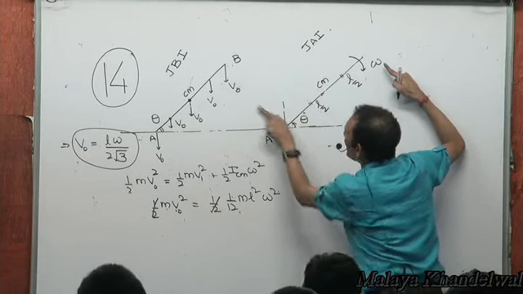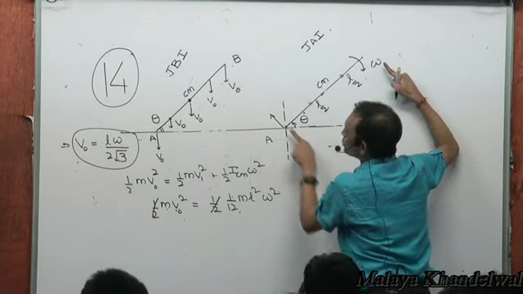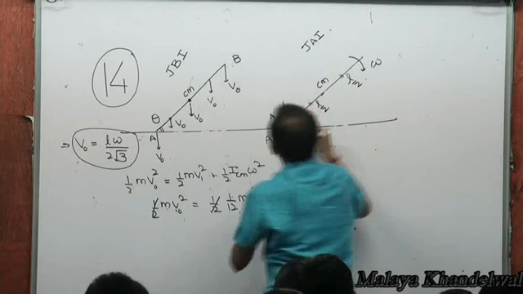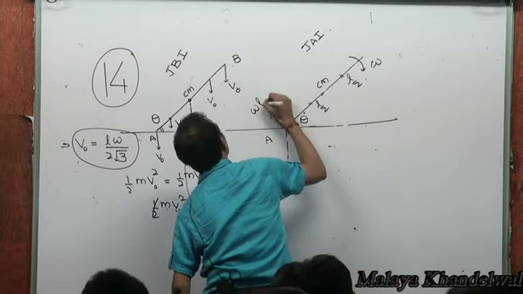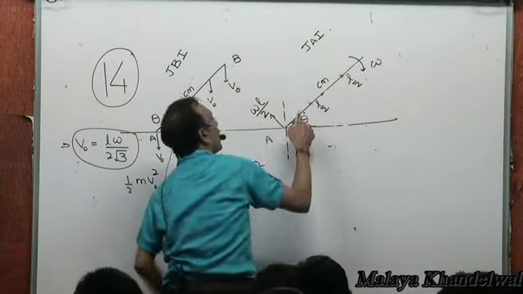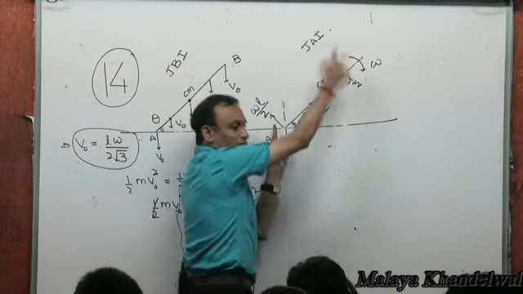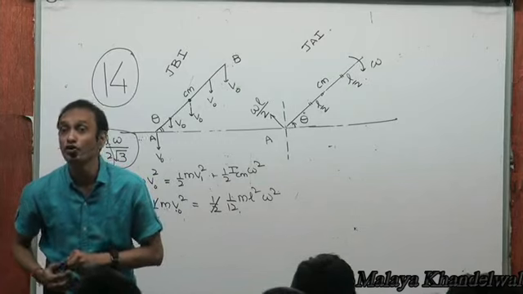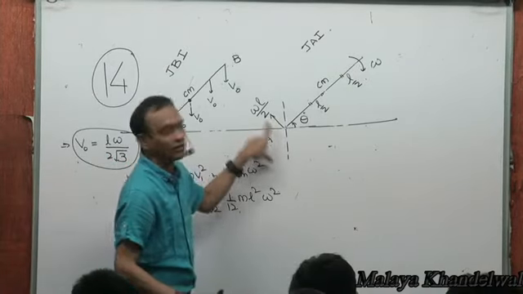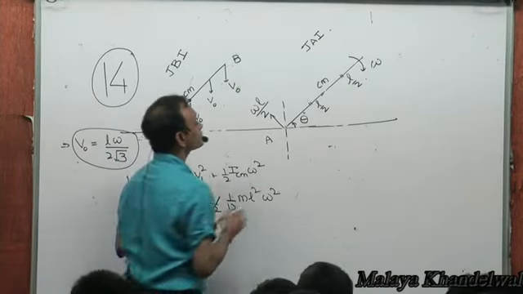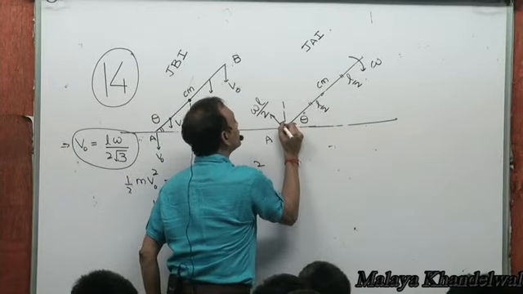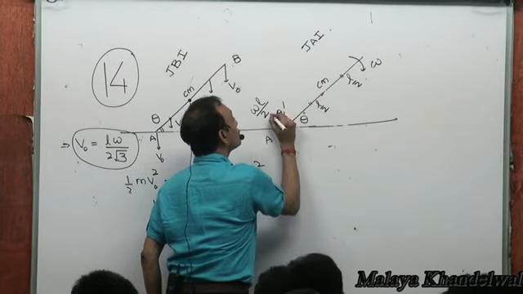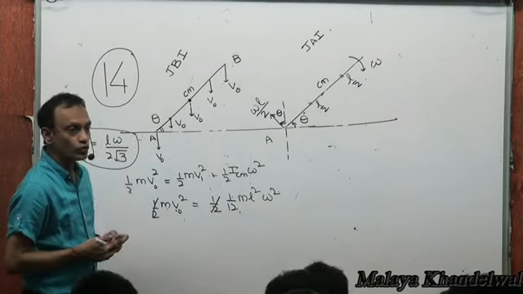So it will have a velocity which is perpendicular to L by 2 and equal to omega into L by 2. V would be R omega, R is L by 2. The rigid body has gotten into a state of pure rotation about the center of mass. Now, very clearly, this is theta, and this is theta 2.